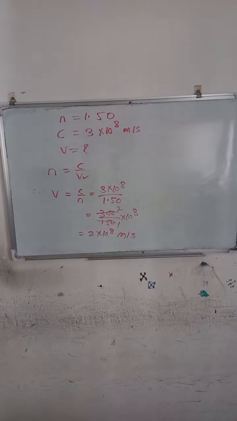Okay, so everyone copied this. Write down the next question. The refractive index of a diamond is 2.42.